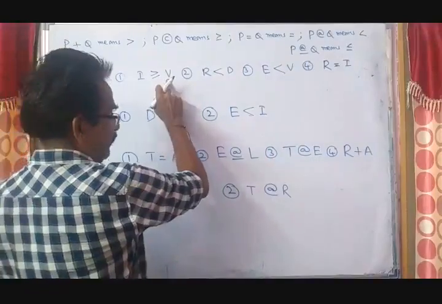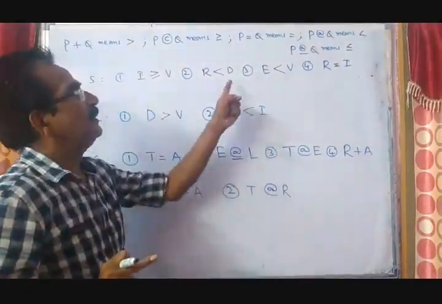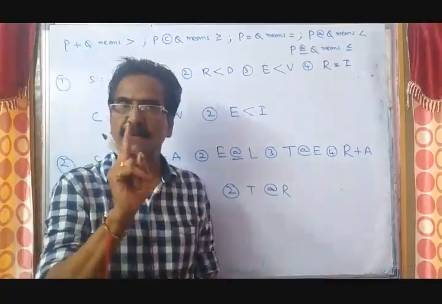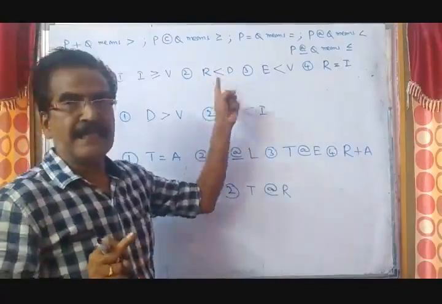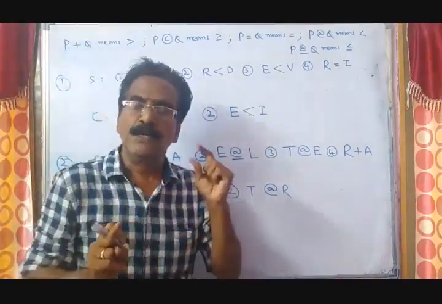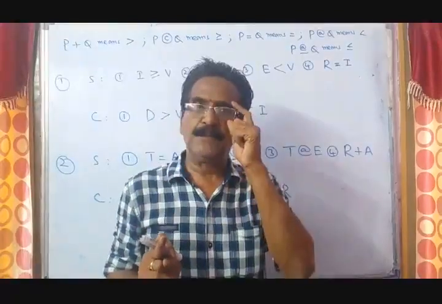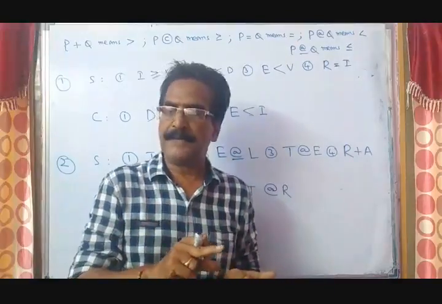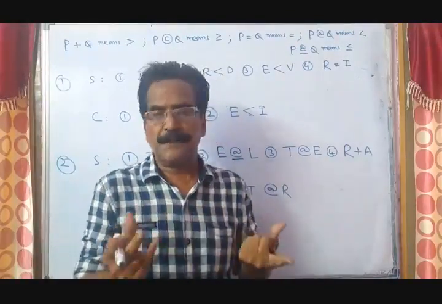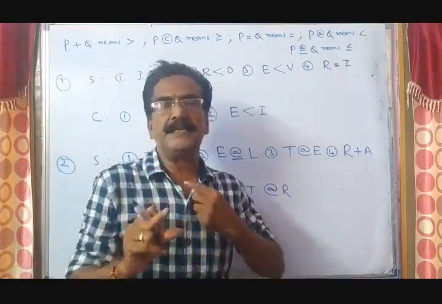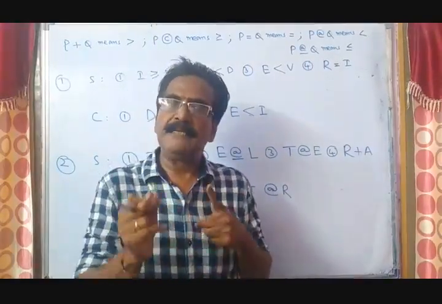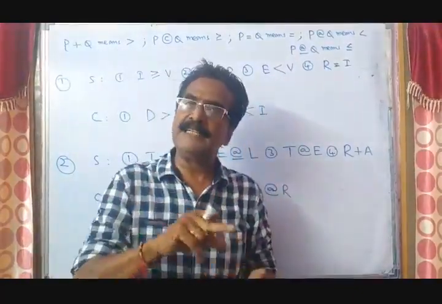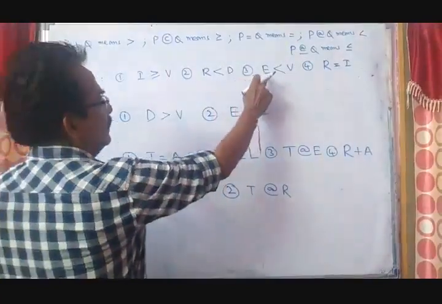E is only one, and D is only one. So now you have to begin the statement with either D or E. Suppose let us begin with E. If you begin the statement with E, the statement ends with D. So let us begin with E.